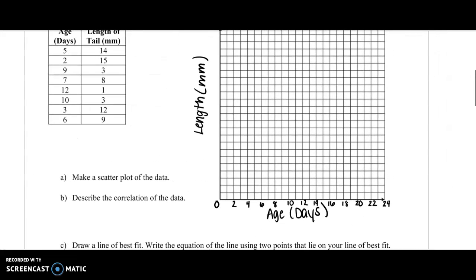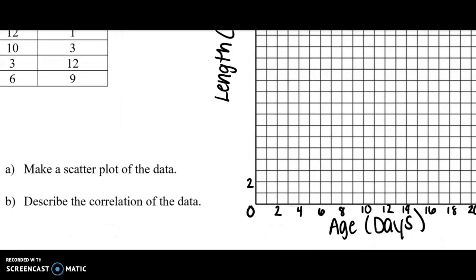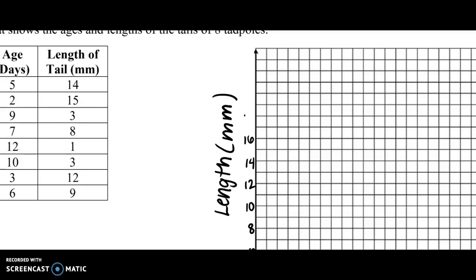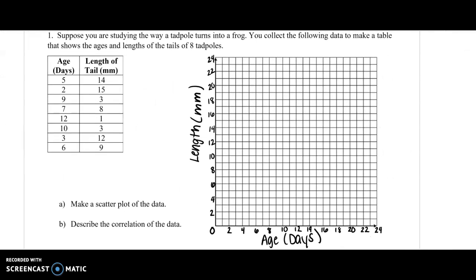And then for the length, I would say let's just count in ones for that as well. So now we can go ahead and plot all of our points.